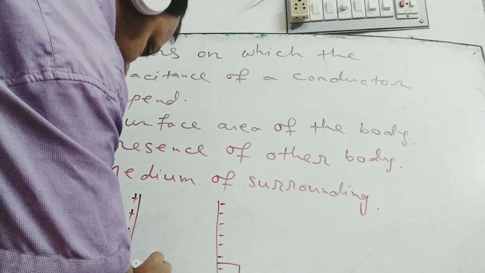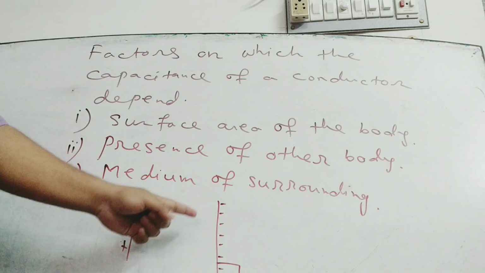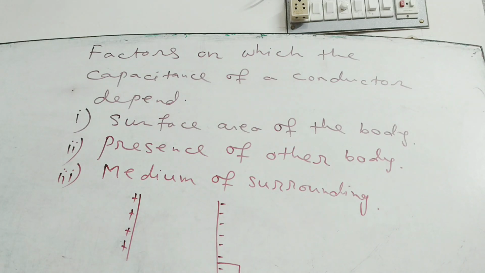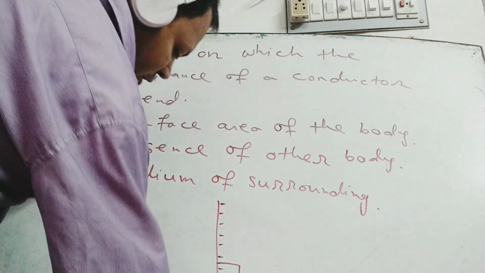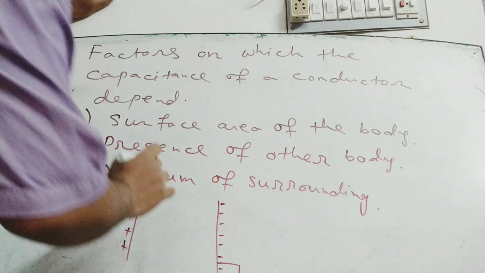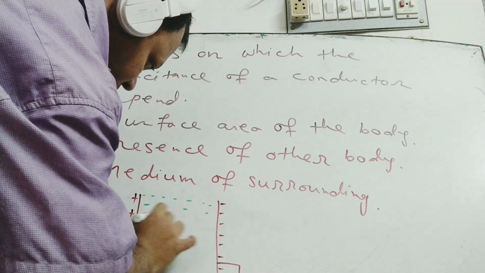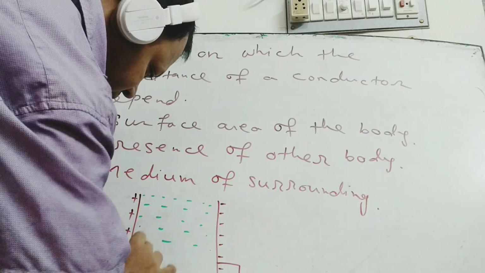The capacitance of the system is C. The medium between the two plates is air or vacuum. Now, to increase the capacitance of the system, we insert a dielectric medium like felt or paper, and fill up the space between the two plates.